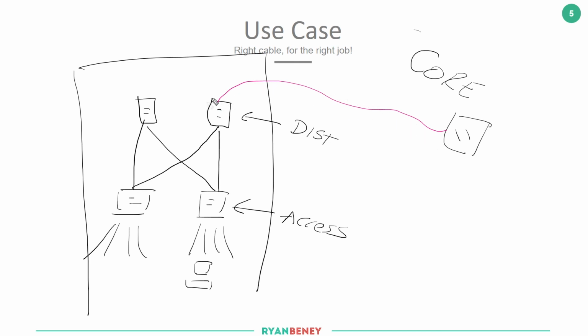Because we know that copper cabling, at least without any repeaters or devices in the middle, can only travel so far. So we may need to use a fiber connection there, maybe multi-mode with LEDs, ensuring that we have the SFP modules at both ends, and utilizing fiber instead of copper. And that's another use case of using the right cable for the right job, but in a campus design instead of a home environment.